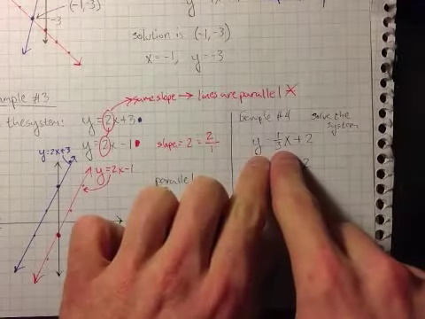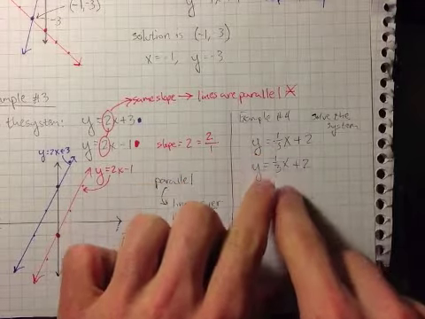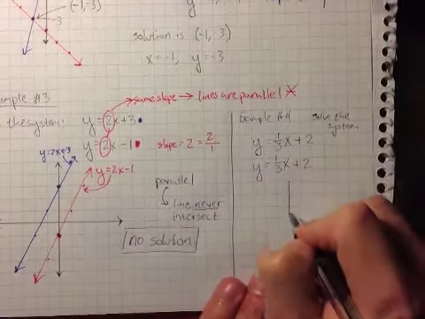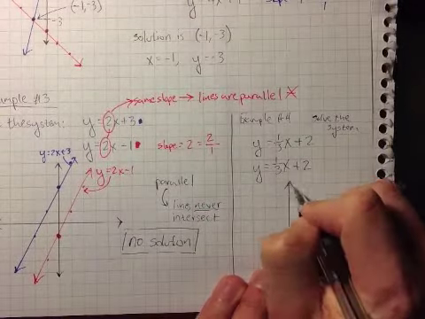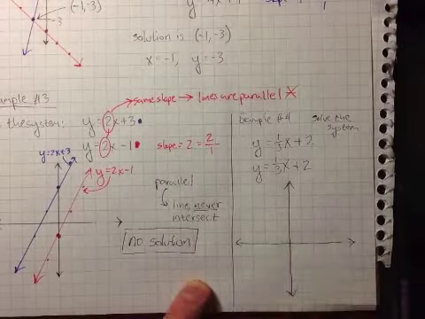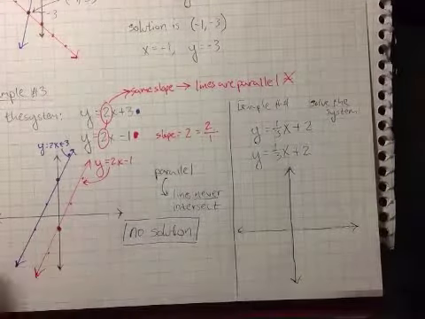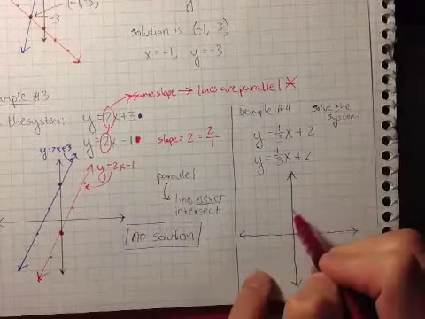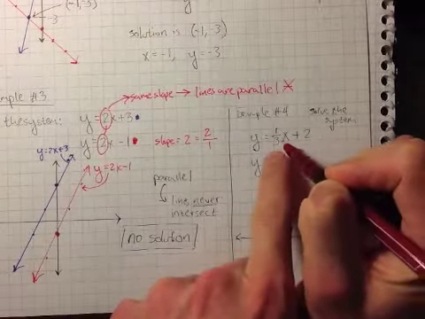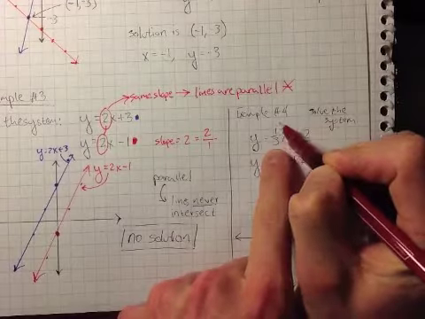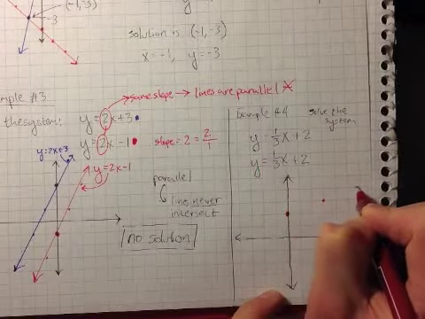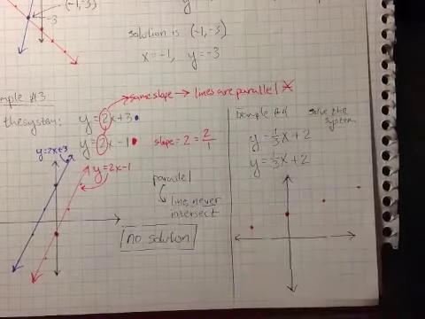If I ask you to solve this system of equations, I graph the first equation, and the graph of the second equation is going to look identical. And in fact, let's go ahead and just graph them. Why not? Doesn't hurt to get a little extra practice graphing. So let's see here. The y-intercept is 2, and then the slope is 1/3, so rise 1, run 3, rise 1, run 3, and I'm going to go backwards a little bit.